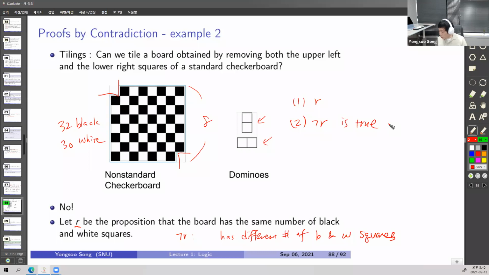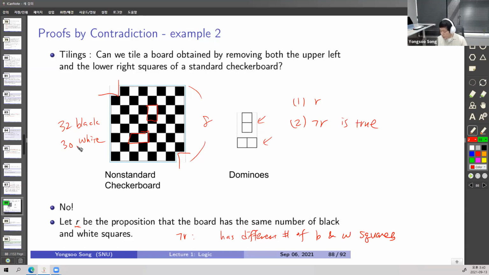But we also assume that we can tile this checkerboard using these dominoes. If you put this domino on the checkerboard anywhere, you realize that this domino contains exactly one white square and exactly one black square. So how many dominoes do you need?